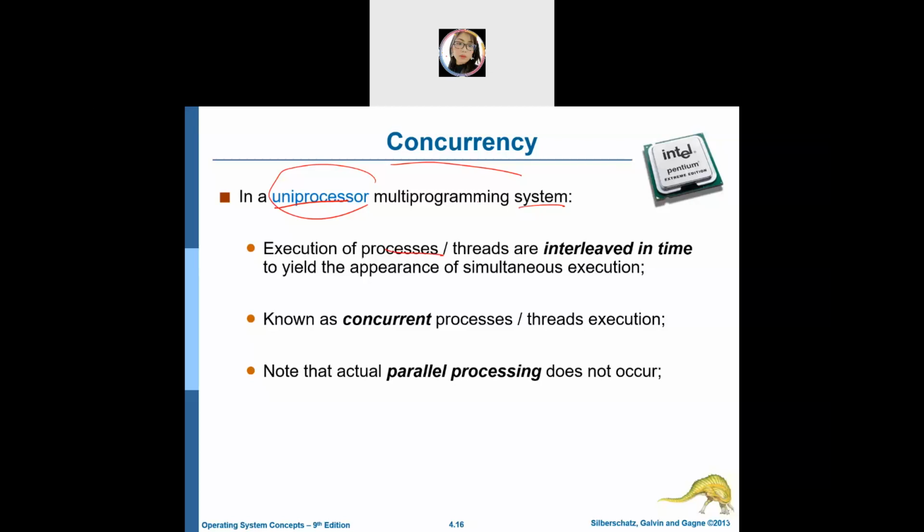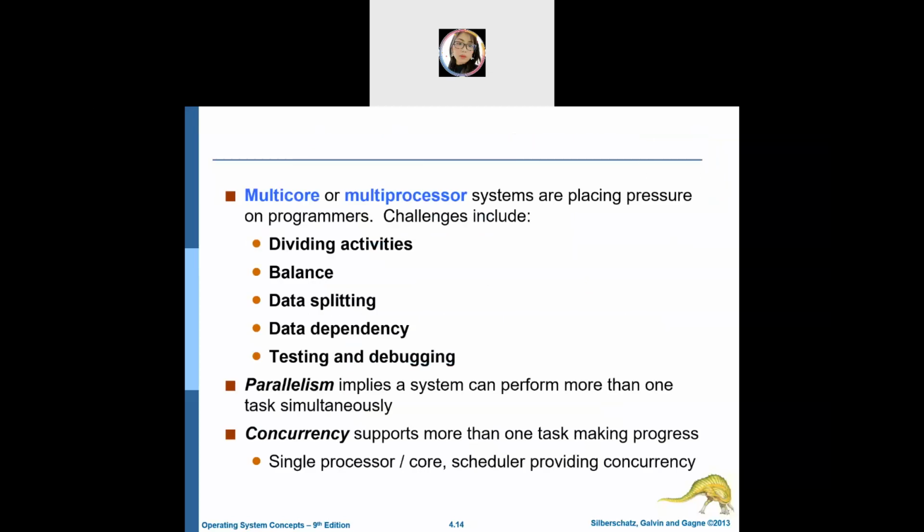Your process might be when you try to open your application, we call it a process, isn't it? We learned it in our module 3. And our threads are interleaved in time to yield the appearance of simultaneous execution. This one you already also looked into previously.